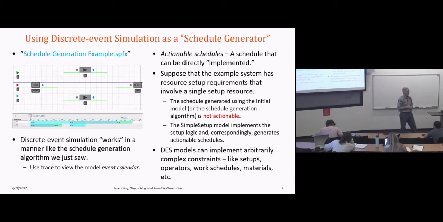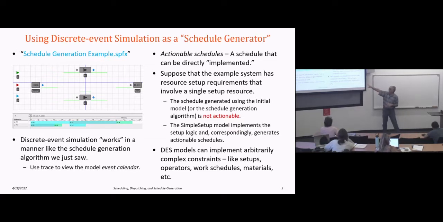The example I gave is if you have setups. If in my schedule generation methodology I don't consider those setups, then the schedule that I've created is not actionable, because I have to handle that setup. It might not change the sequence, but it's going to change the times because of the setup. That's the notion of non-actionable: the type of results you get if you don't include all of the details.